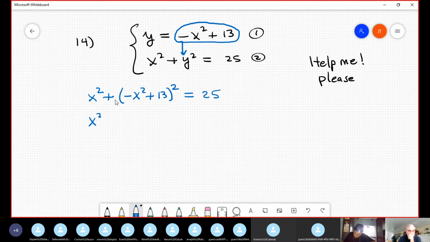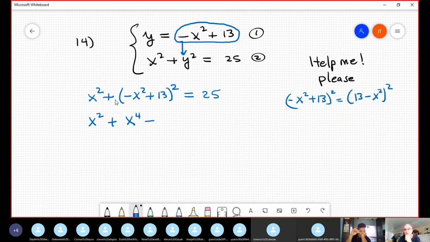Well, x squared is exactly the same, plus when you expand this guy, squaring it gives x to the 4 power, in this case positive, and minus x squared plus 13 squared is equivalent to 13 minus x squared squared. Correct? It's the same.